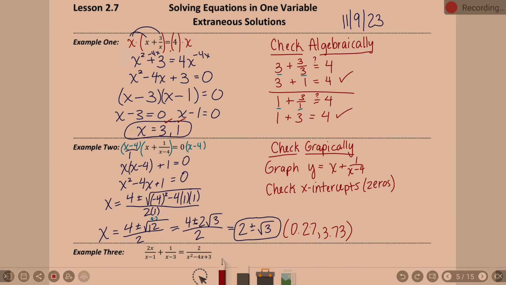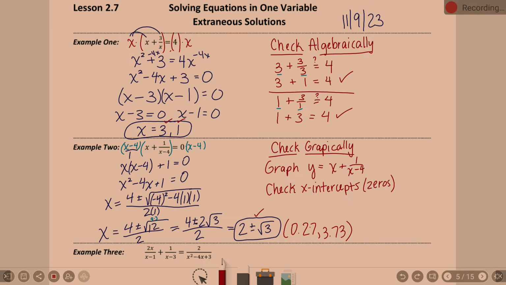If I hit trace again and type in 2 minus the square root of 3, it's going to tell me I'm right at the 0.2679 number. Okay? So, one way or another, work to make sure that they match. In this case, they both match, don't they? I'm not sure you'll have to use that check a lot in homework, but I wanted you to realize.